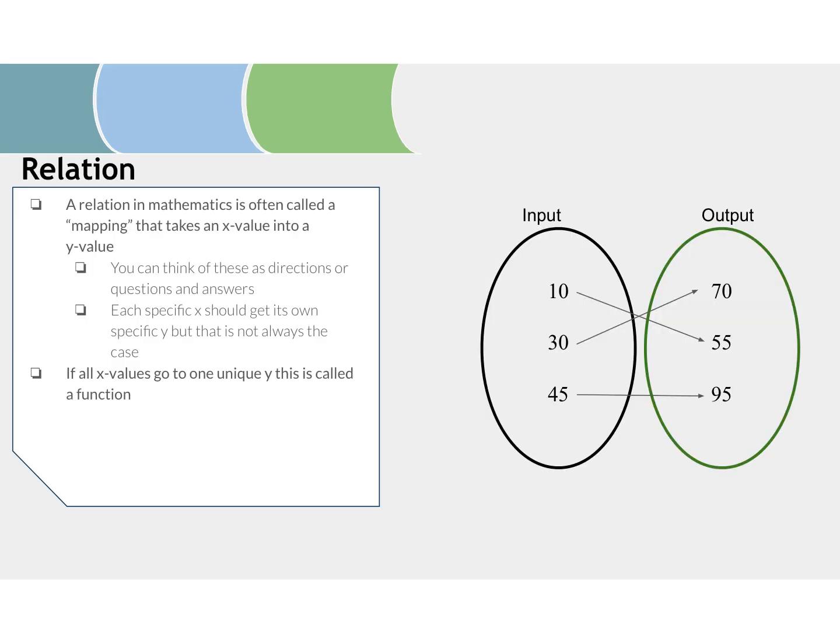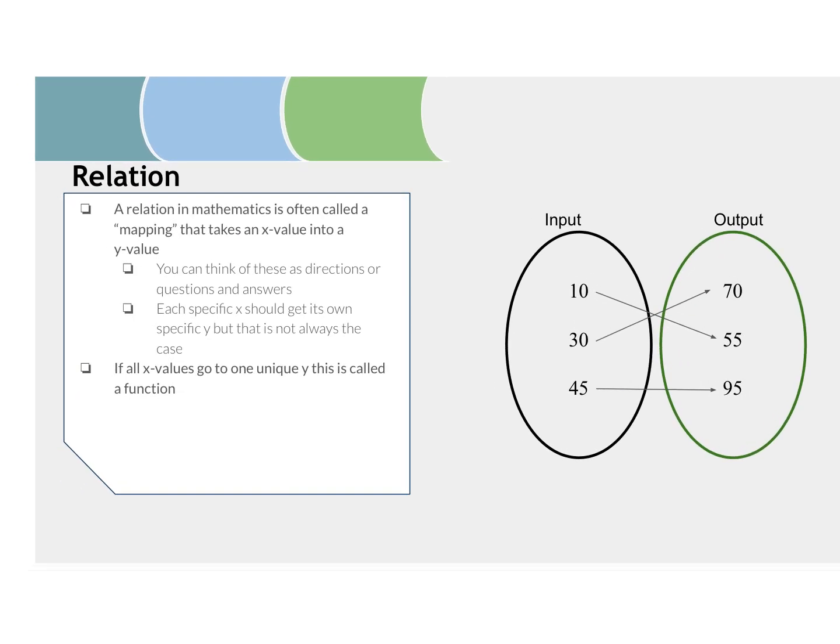So the first part of this is what is a relation. And a relation is a mapping from one value to another. So we want to think of our initial values as my inputs. So in this case, that would be 10, 30, and 45, to an output set. So that would be 70, 55, and 95.